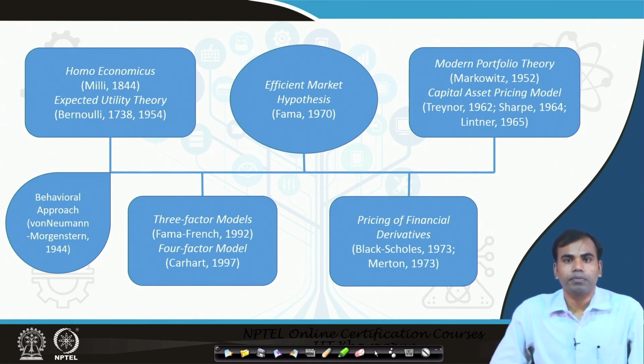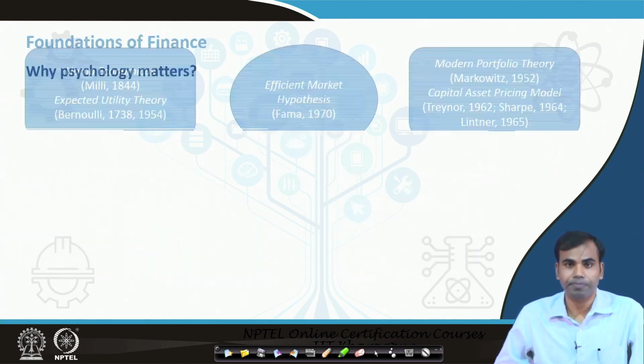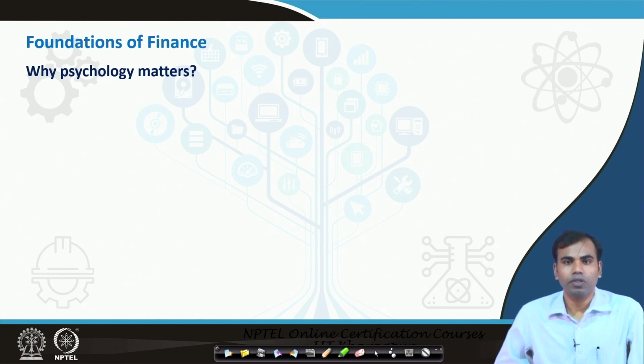Now, the question here is why a behavioral aspect of financial decision making is important, which implies why behavior matters. So, let me try to show an example here. Suppose you have the following choices.